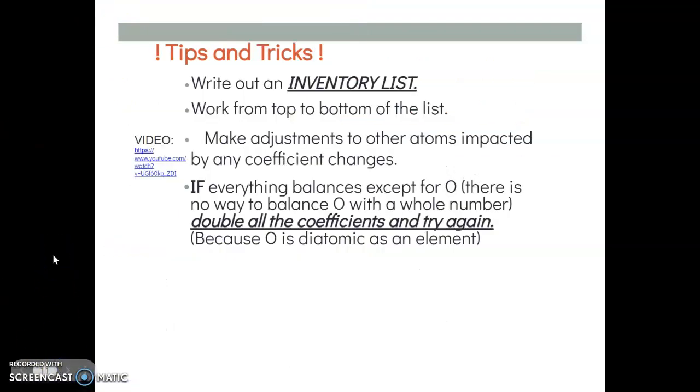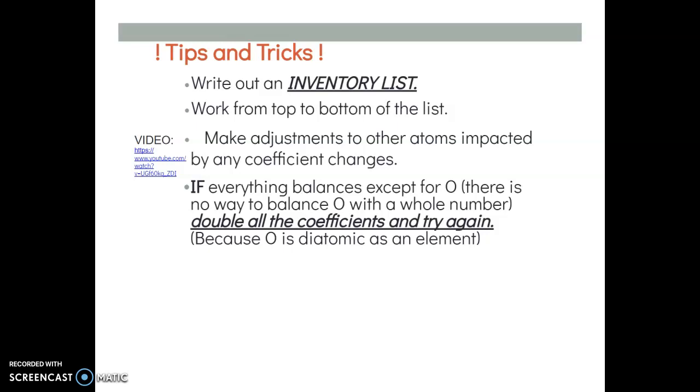All right, so just some tips and tricks. You're going to write out an inventory list. That's basically which elements you have in your reaction. And then you're going to work from the top to the bottom. Make adjustments to the other atoms impacted by any coefficient changes. And if you get to the end and everything balances except for oxygen, you have to double all the coefficients and try again.